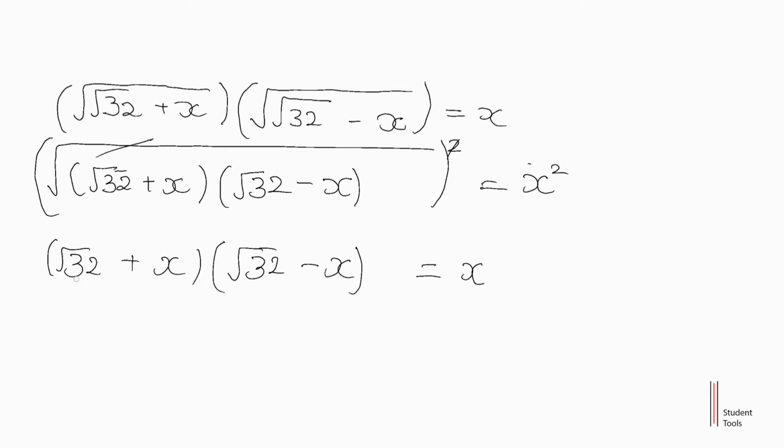So now we will have the square root of 32 multiplied by the square root of 32, that is 32, and then the square root of 32 multiplied by negative x, that is minus x root 32, plus x multiplied by root 32, that is plus x root 32, x multiplied by minus x, that is minus x squared.